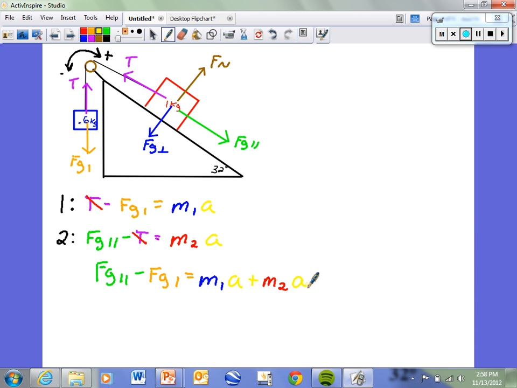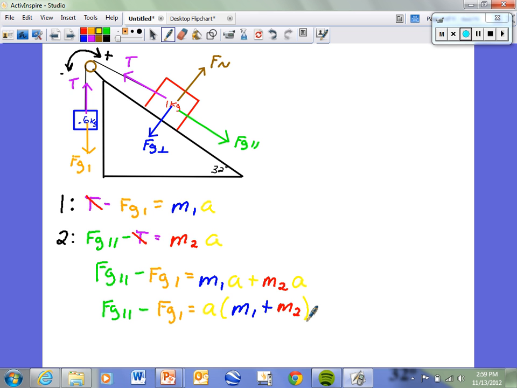To solve for a, we have to factor it out. So my left side remains force of gravity parallel minus force of gravity 1. Factor out the a. I have m1 plus m2 left over.